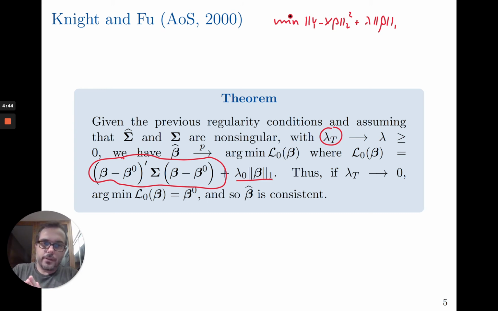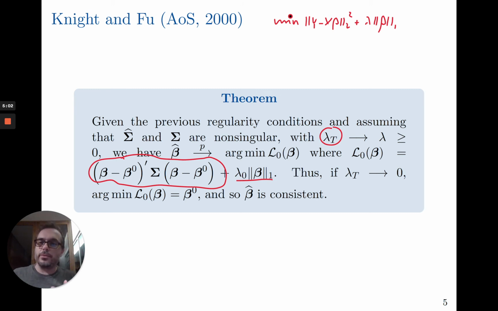If the sequence lambda goes to 0, then we can show that the argument that minimizes this quadratic form is just beta naught. So beta hat will be consistent.